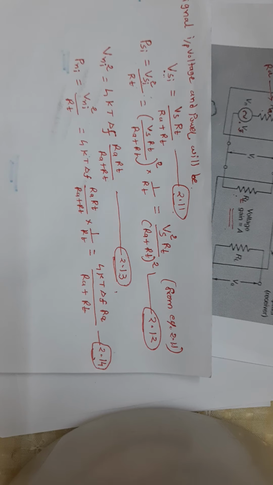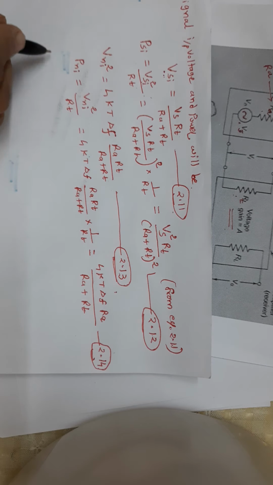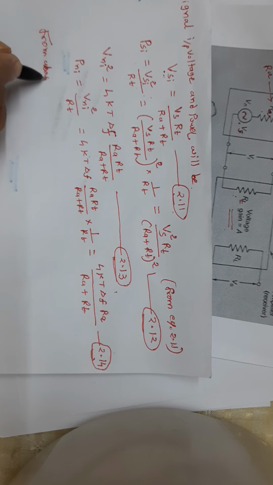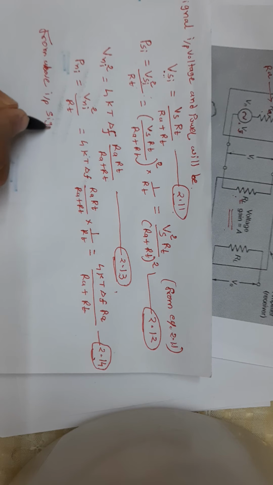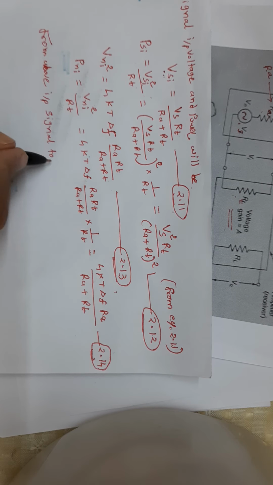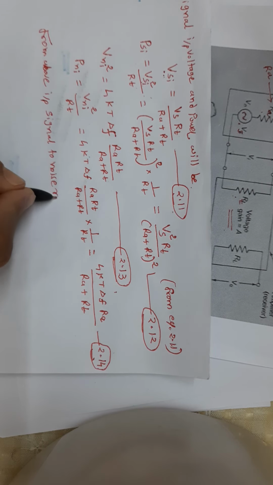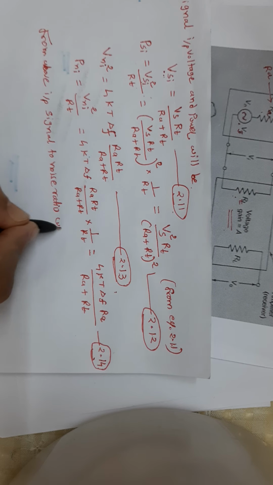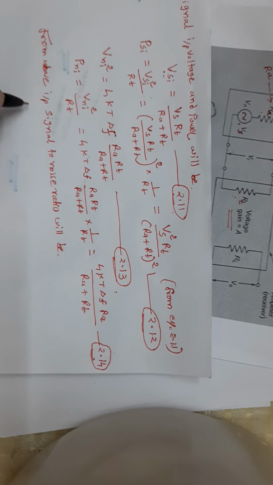Very simple calculation. Hence, we can say that the input signal to noise ratio from above will be S upon N input. It is equal to PSI upon PNI.